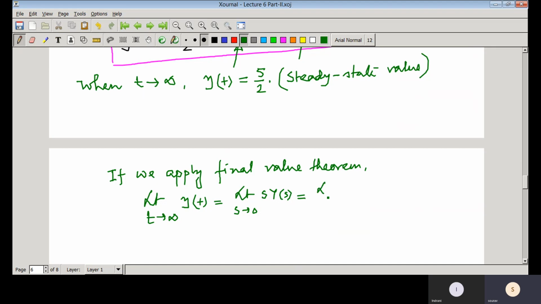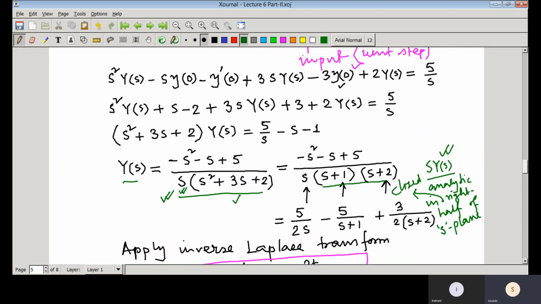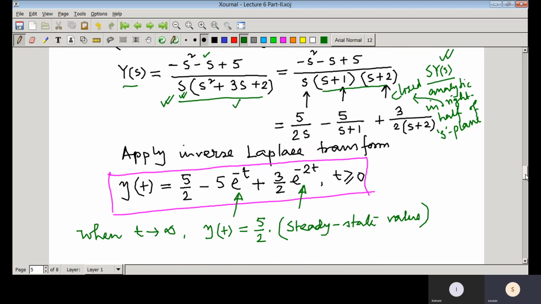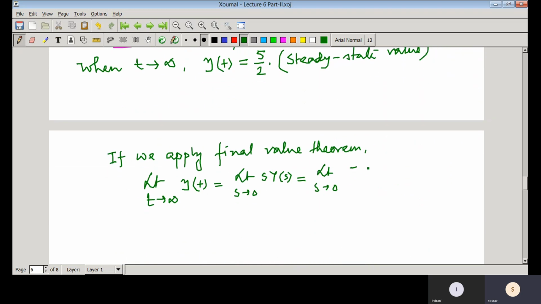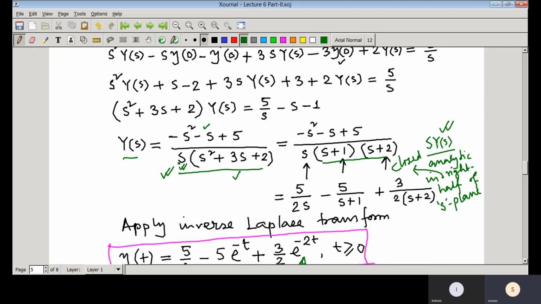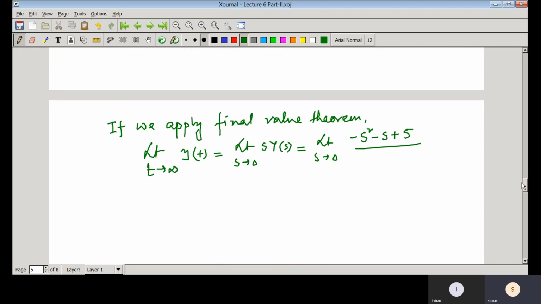So then you can see that what is SYS? So you can see that SYS equal to minus s square minus s plus 5. So that is minus s square minus s plus 5 divided by this SYS means s will be cancelled out. So then s plus 1 into s plus 2.